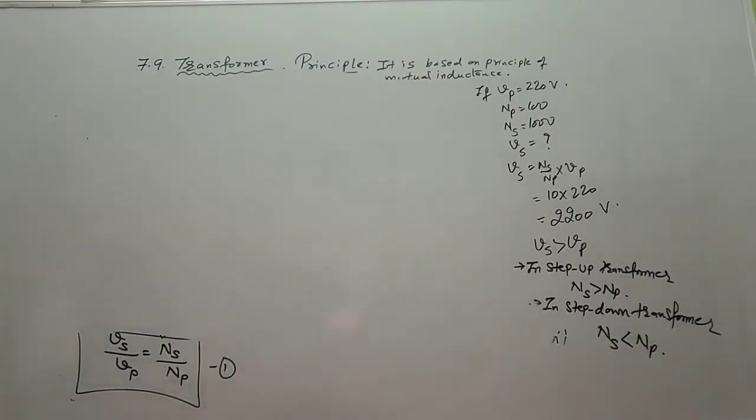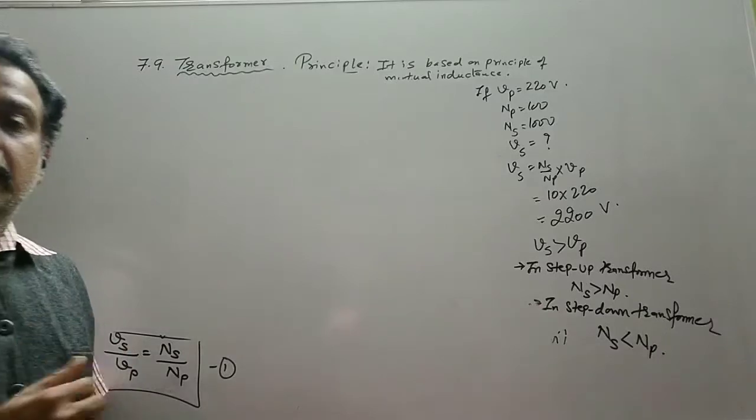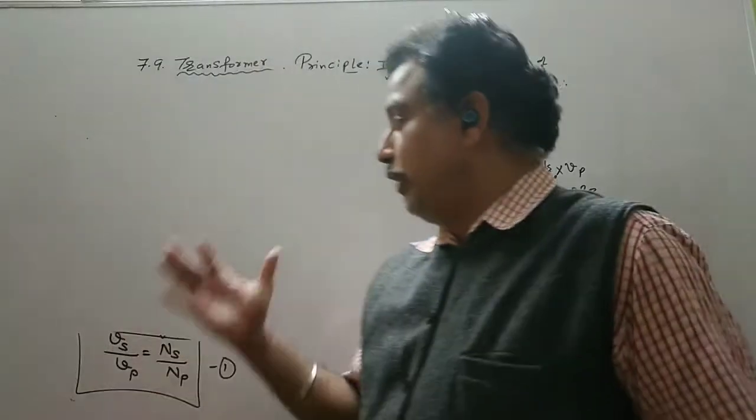Now here we have assumed the condition that the resistance of the primary coil and the current is small, as well as the magnetic flux produced in the primary gets linked with the secondary. However, there are some losses in a transformer. So this is an ideal transformer. We talked about the ideal transformer. So what conditions have we taken?